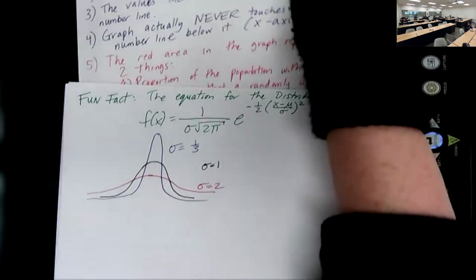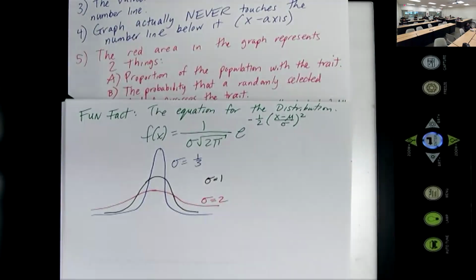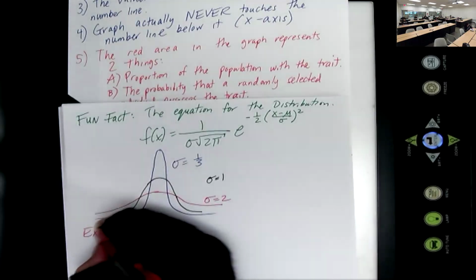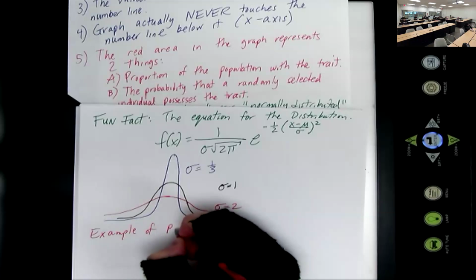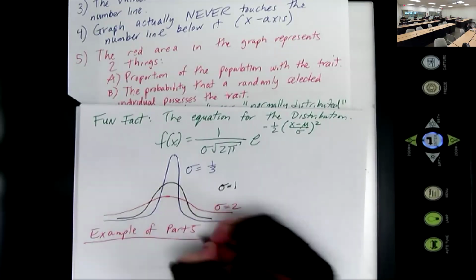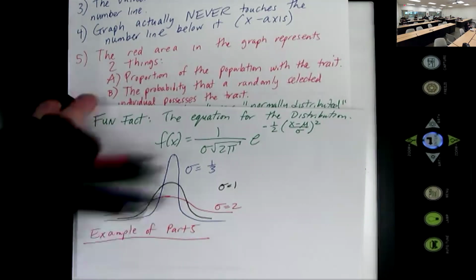Go back to this red property that I was talking about. Let me give you an example of part 5. We're going to use one that we've used before.